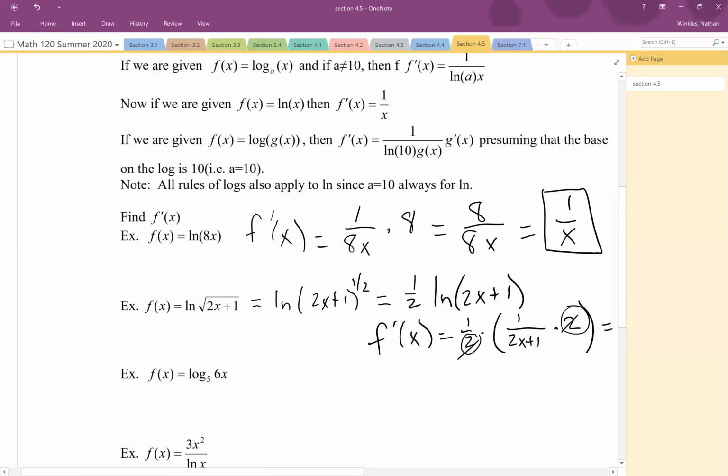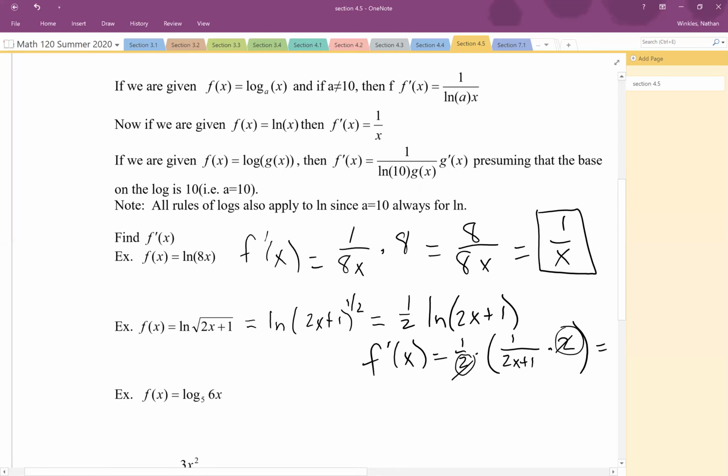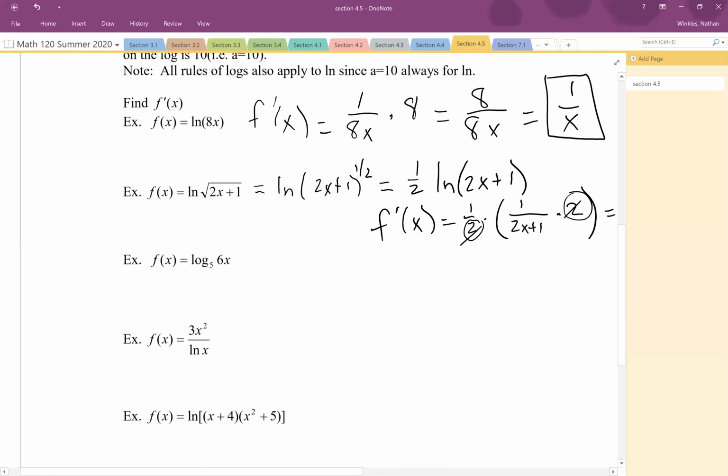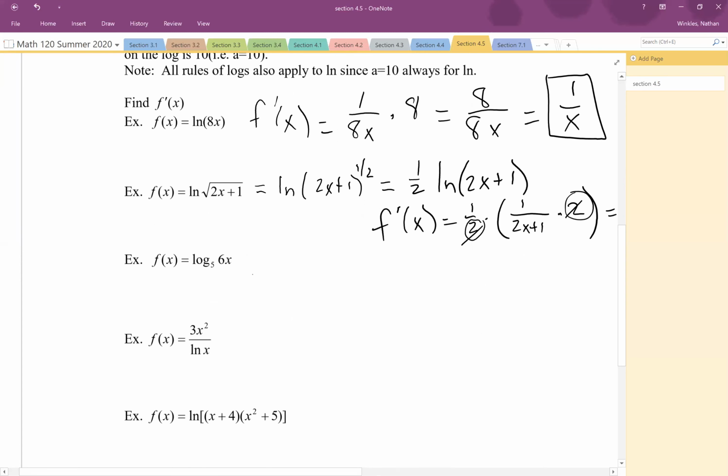So if we go back up here and think about what it says, log base a has derivative 1 over ln of a times x. So we now have one that's not base 10. f prime of x is equal to 1 over the natural log of our base of 5 times our 6x.